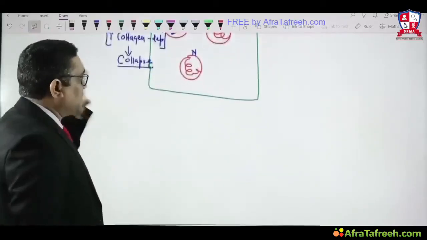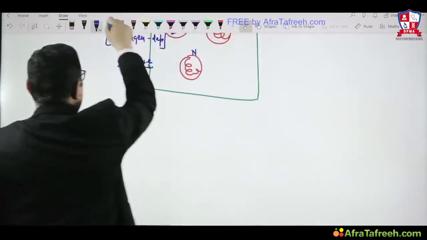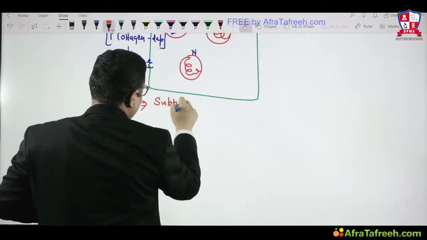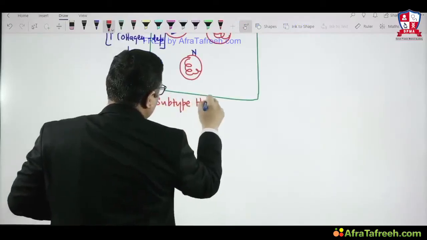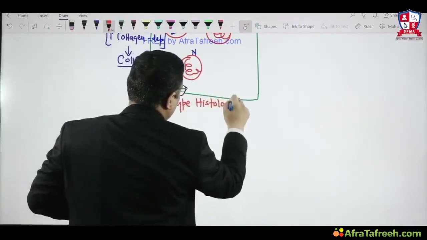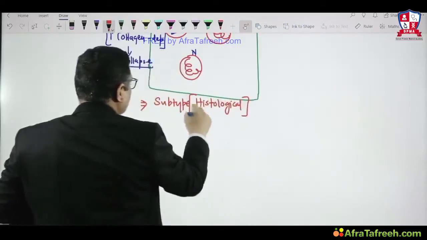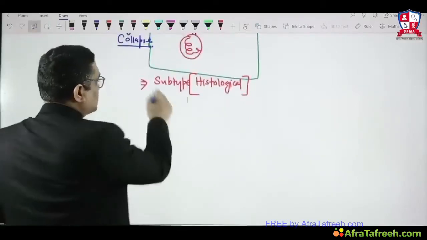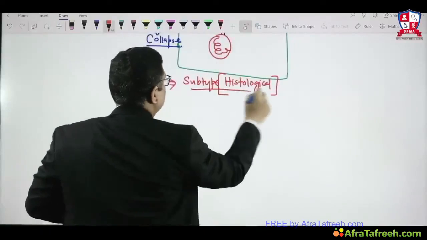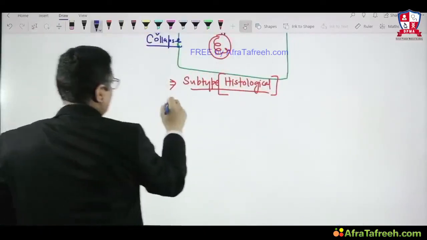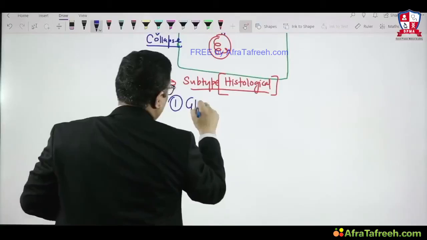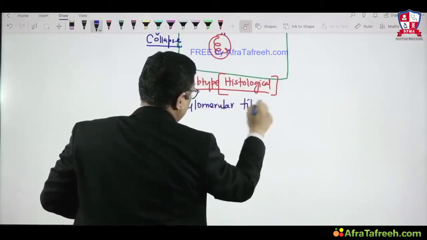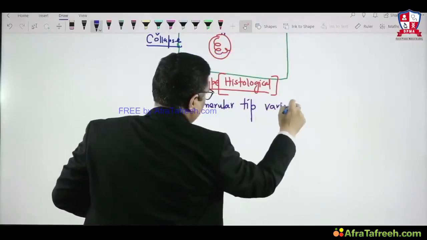On histological examination, there are 4 or 5 histological subtypes of FSGS. What are they? Number 1 is the glomerular tip variant.